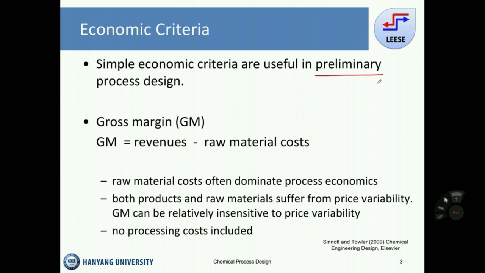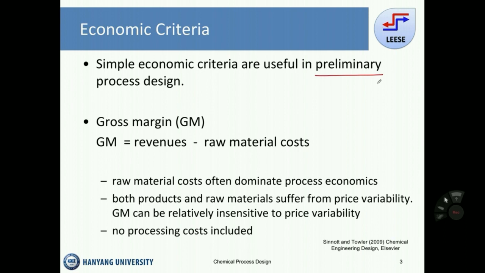If you look at this simple criteria, we can see that there are other elements, for example, utility cost or variable cost or engineering cost, for example, contingency. These kinds of things have not been included. Why? As I said earlier, we may not have the full information of detailed process information.